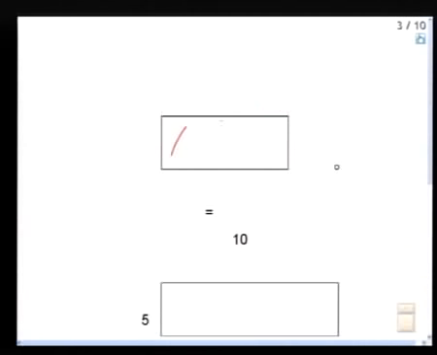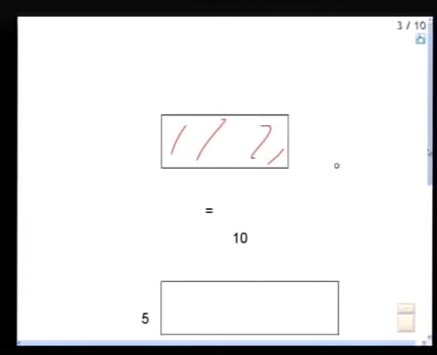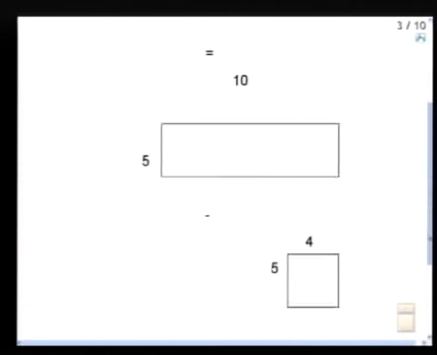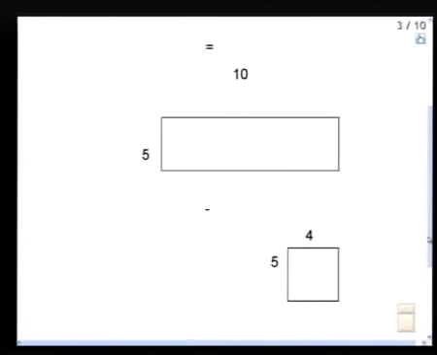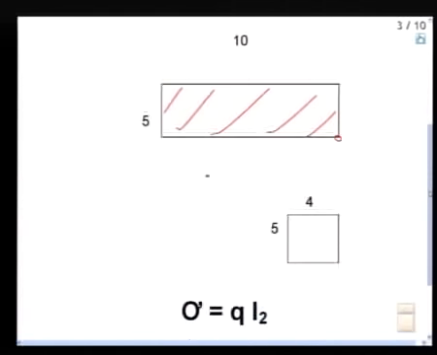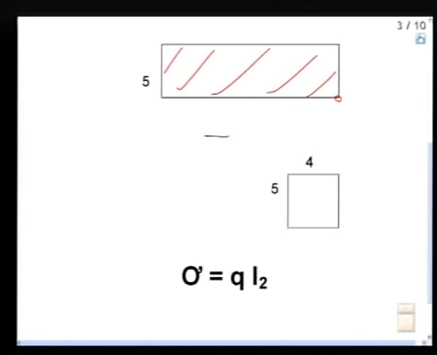The stress at A due to this load equals the stress at point A under this big rectangle, which is 10 by 5, minus the stress at point A due to this small rectangle, which is 4 by 5.